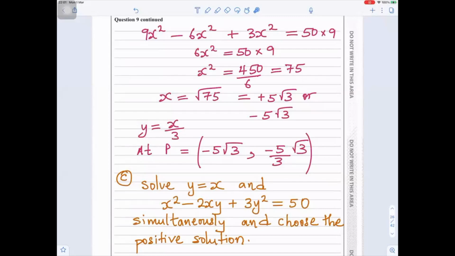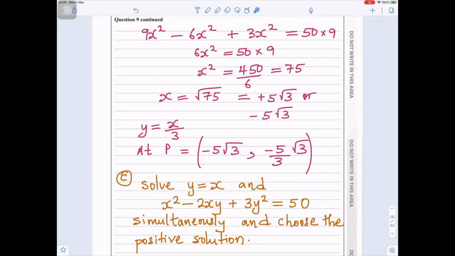So you would end up with this expression, and you would minus 6x squared plus 3x squared will give you minus 6x squared is equal to 50 times 9. So x squared would be 75, and x will be square root of 75, which is plus or minus 5 root 3.